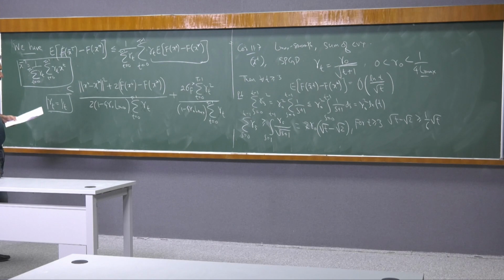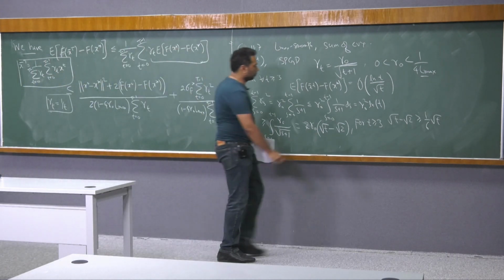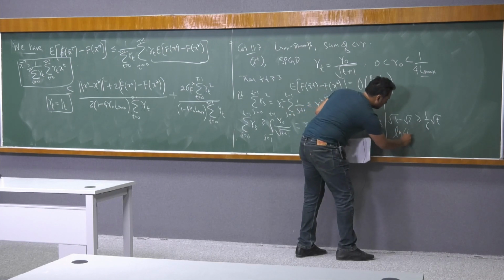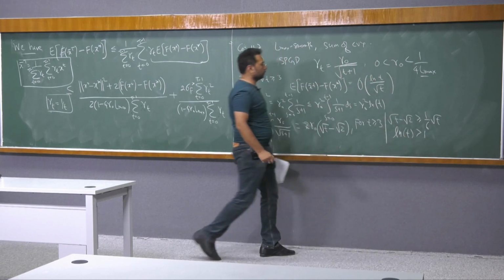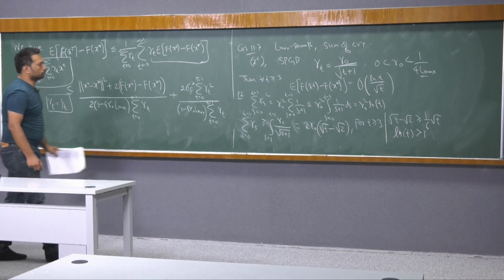And for t greater than or equal to 3, we can also say that log of t is greater than 1. So you can verify all this for t greater than 3.